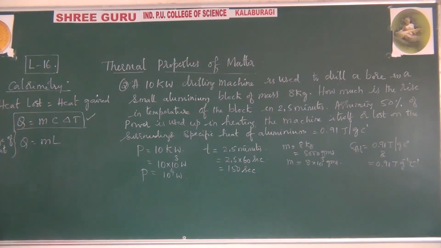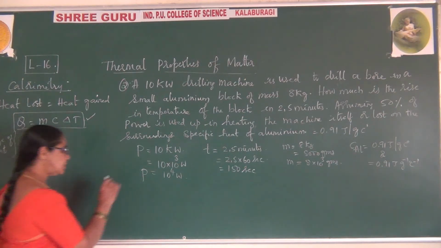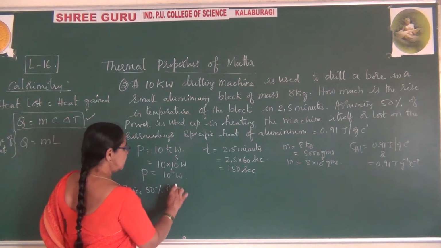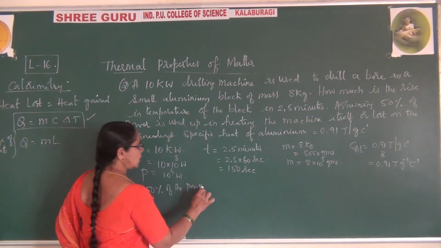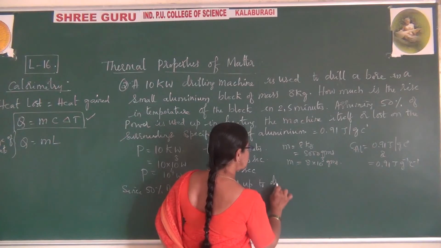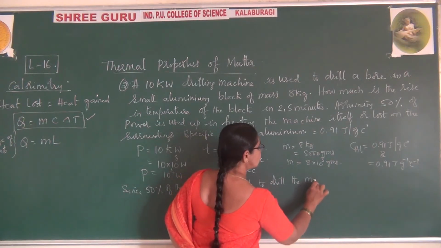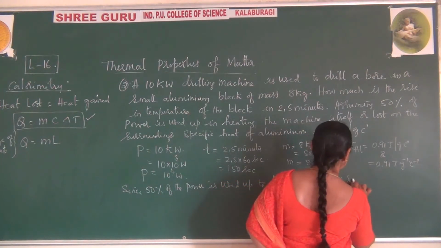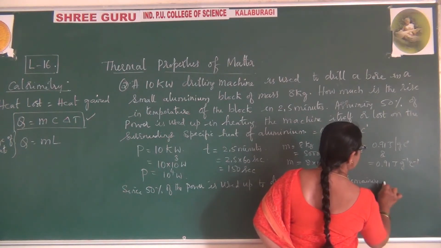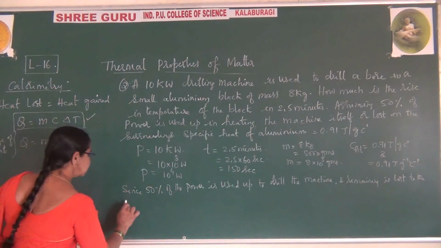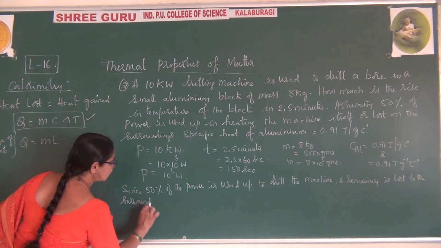Since 50% of the power is utilized, it is used up to drill the machine, and the remaining is lost to the surroundings. So this condition also has been satisfied now.